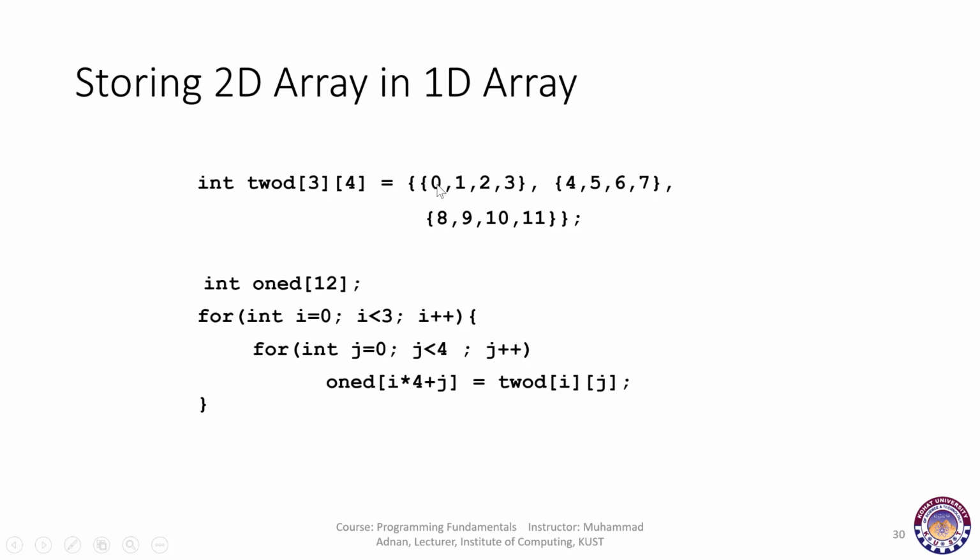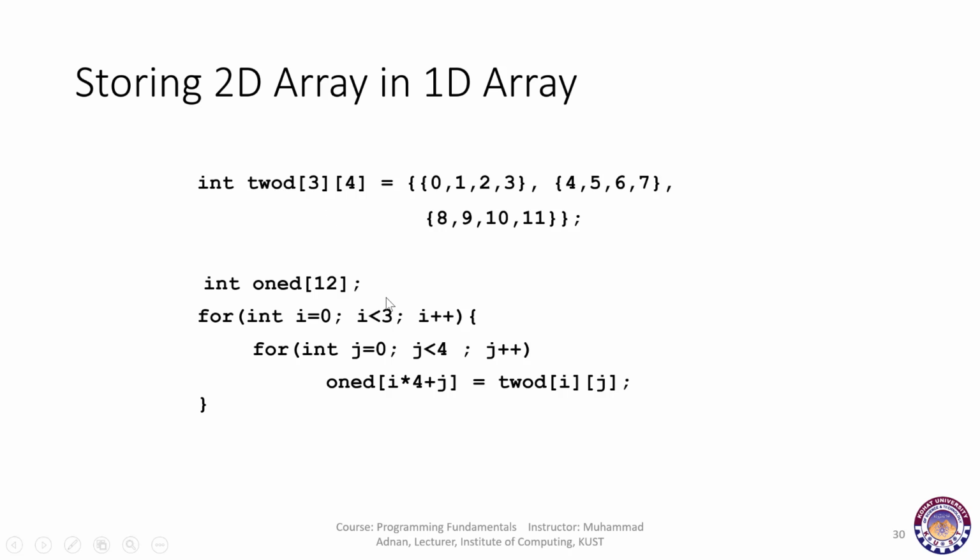The values in the first row are 0, 1, 2, 3. The second row has the values 4, 5, 6, 7, and the third row has the values 8, 9, 10, and 11. And then we have a one-dimensional array having 12 elements. So we are going to put the 2D array into the 1D array.